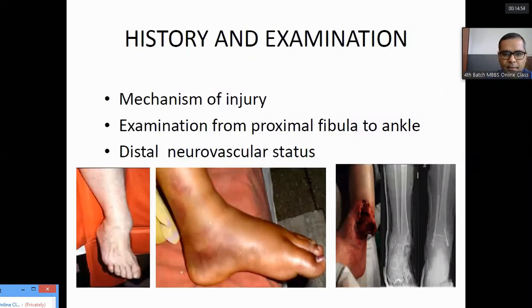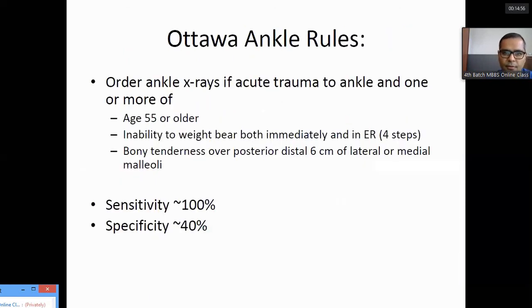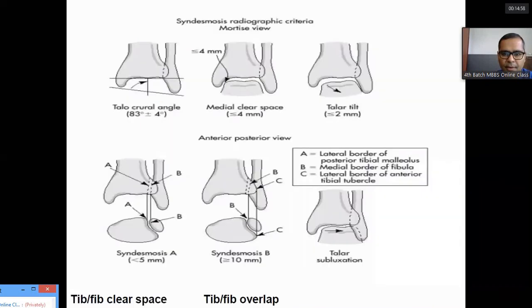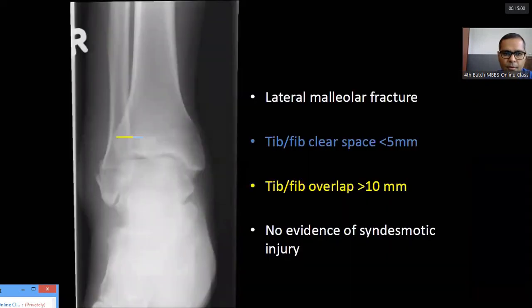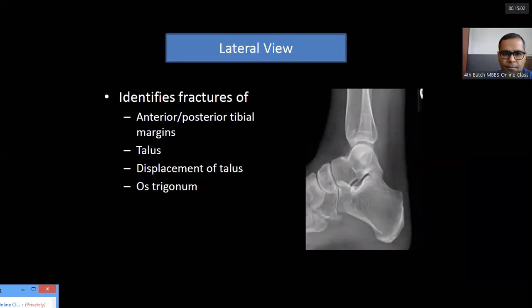Clinical picture, Ottawa ankle rules, X-ray views: AP, mortise view, lateral view. These are the ankle trauma series. Like in other cases, in trauma we call it the trauma series: C-spine lateral view, chest, and pelvis.